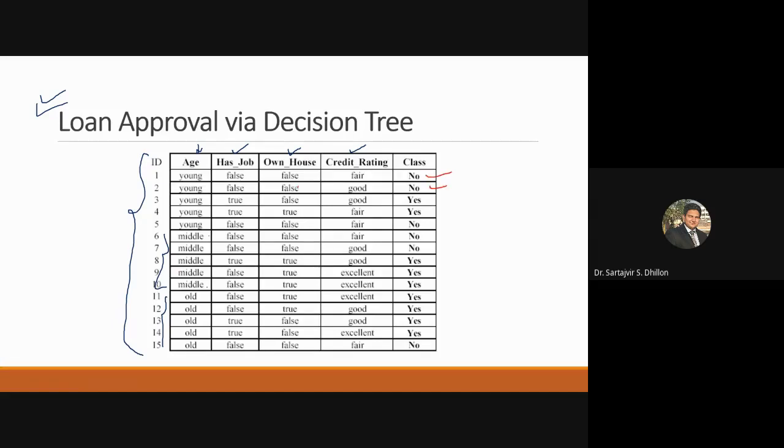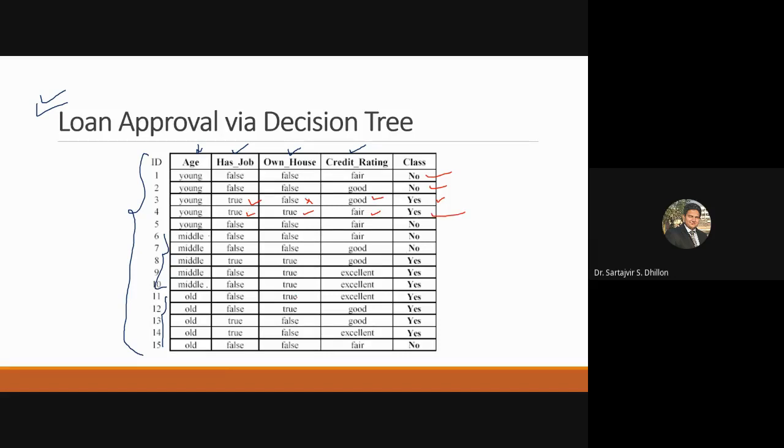If you don't have a house, there is no problem. If you have a job as well as a good credit rating, then you will be allowed to get a loan. And if you have a job and a house and your credit rating is a little bit fair, not good, then you can also get the loan.